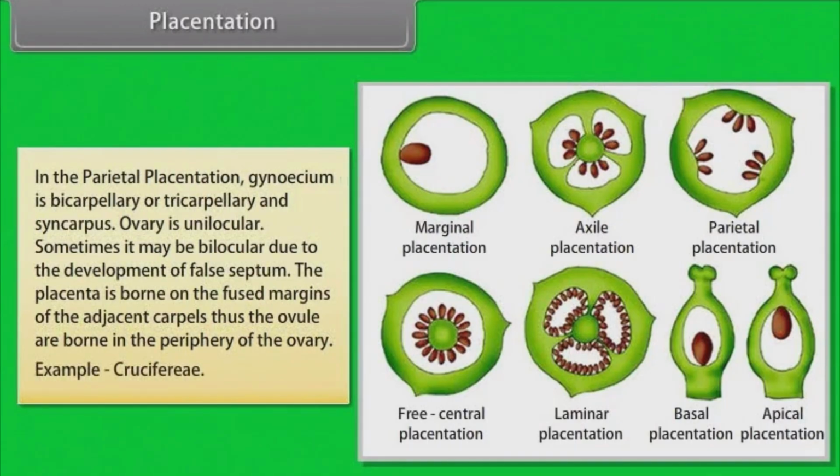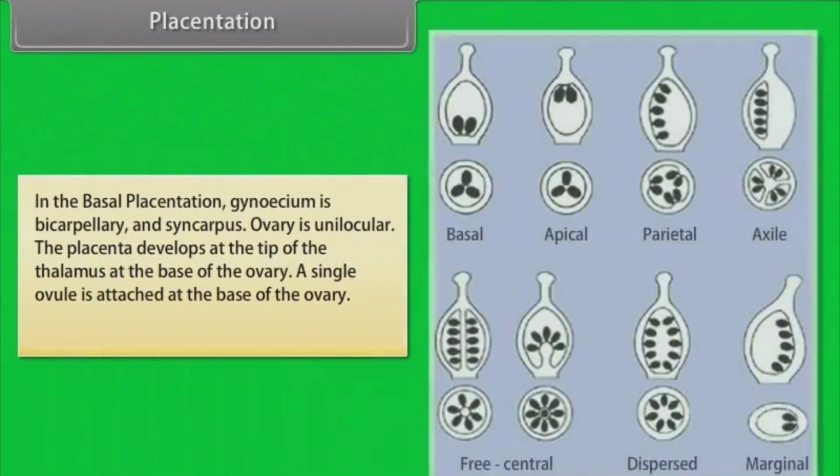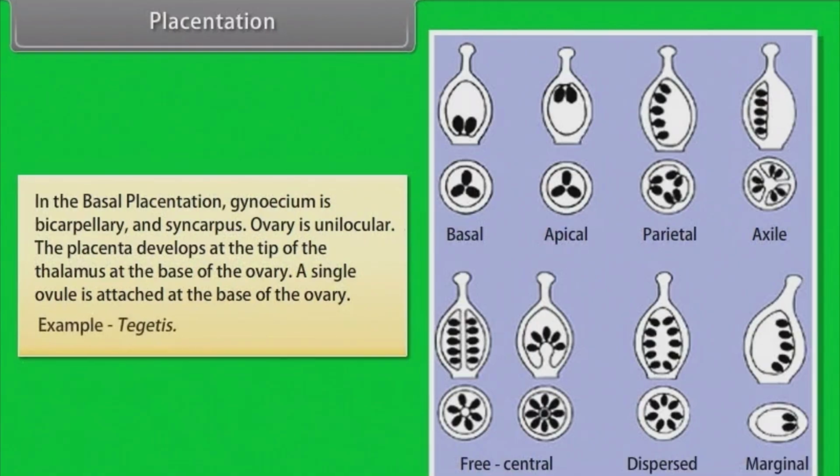Example: Cruciferae. In the basal placentation, gynoecium is bicarpellary and syncarpous. Ovary is unilocular. The placenta develops at the tip of the thalamus at the base of the ovary. A single ovule is attached at the base of the ovary. Example, Tagetes.